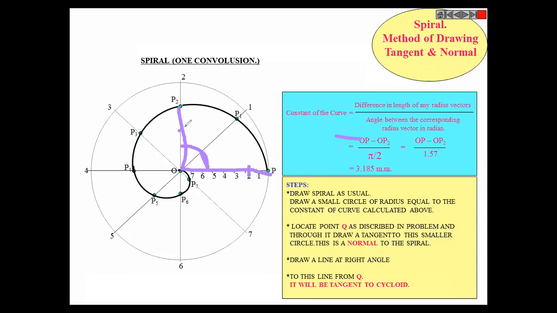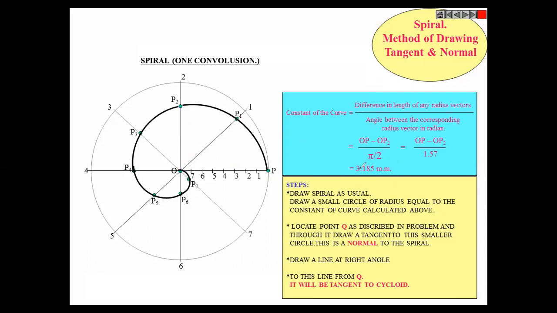This minus this, divided by the intercepted angle in radian, will give you the numerical value of the constant of the curve. This can be asked in a one mark question, so you note this down.